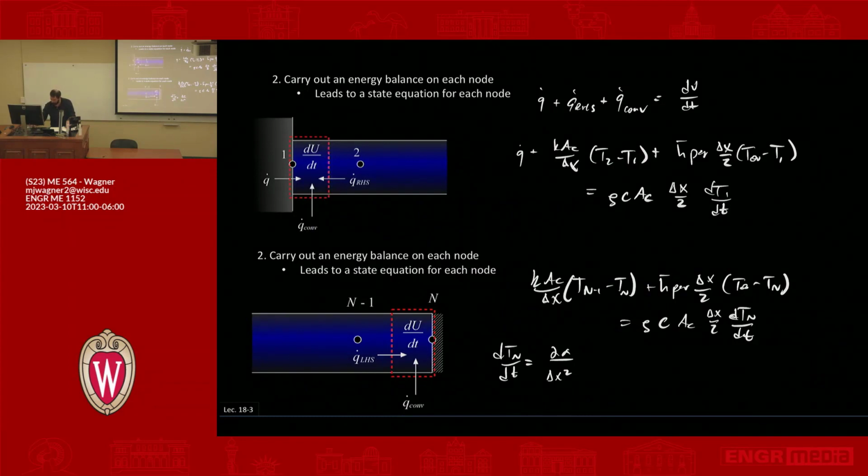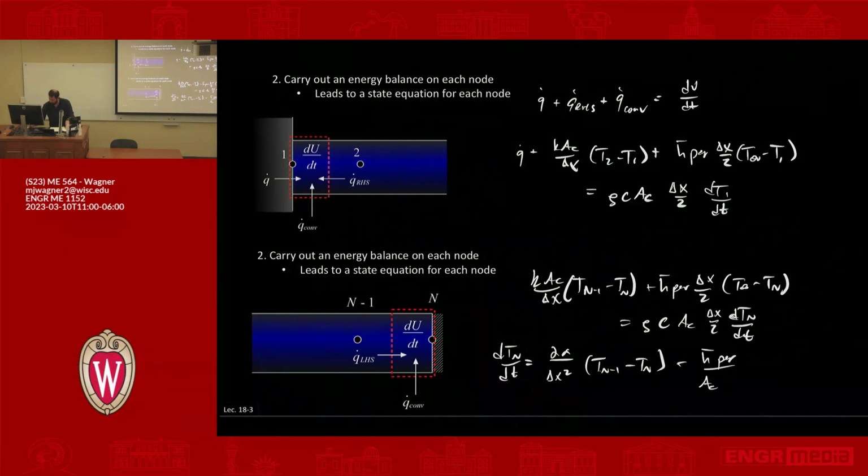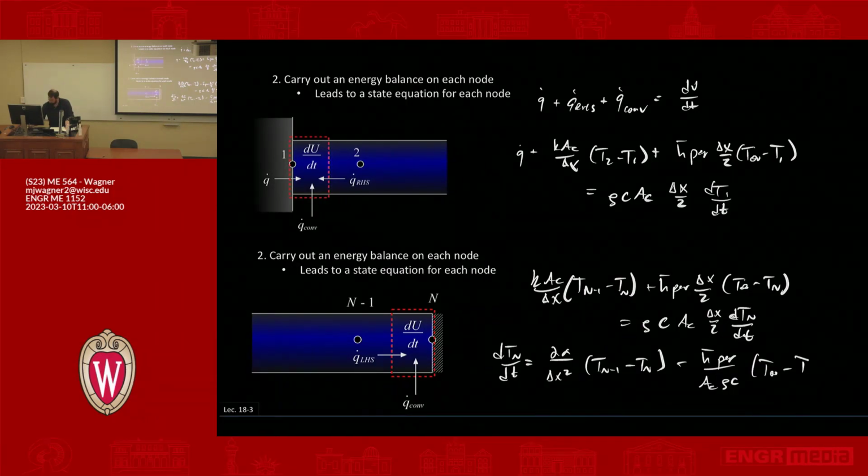So we're just simplifying that, times T_{n-1} minus T_n, plus h bar perimeter over A_c rho c times T infinity minus T_n. Do the same thing for the others. We now have a vector of dT/dt's. We always want to come out of this with a vector of dT/dt's that we can then use to step forward in time.